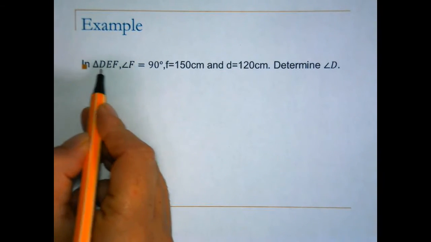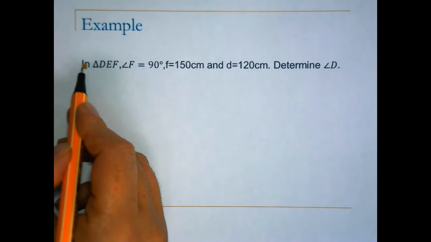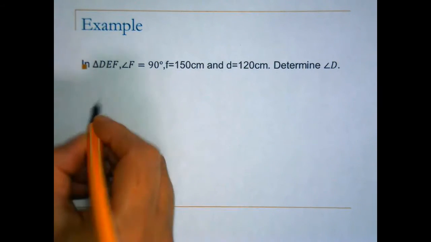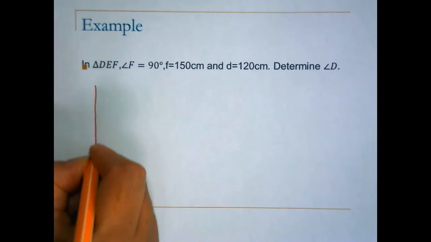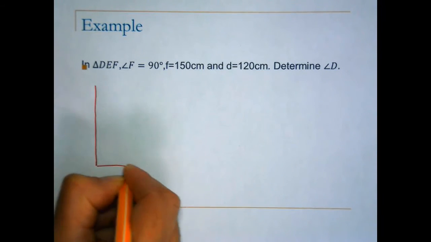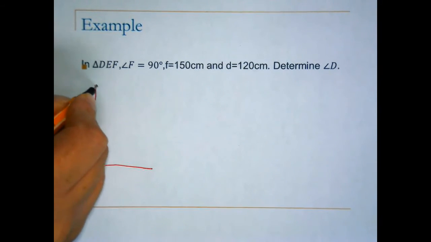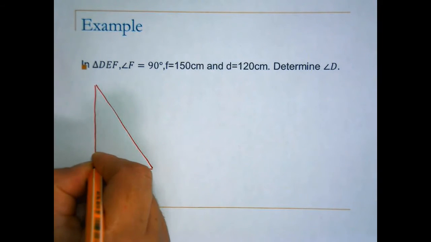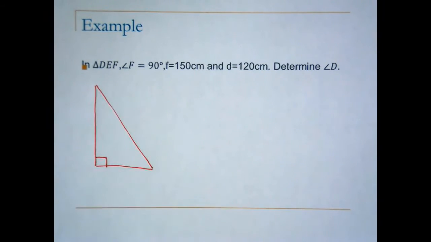So we know that here in this question, the triangle is called triangle DEF. So what I'm going to do is just draw a right triangle. But I'm not going to rush. I'm going to wait to see what more is given to me.